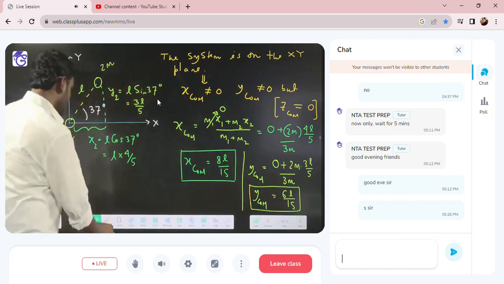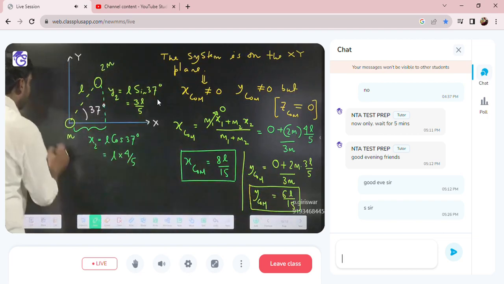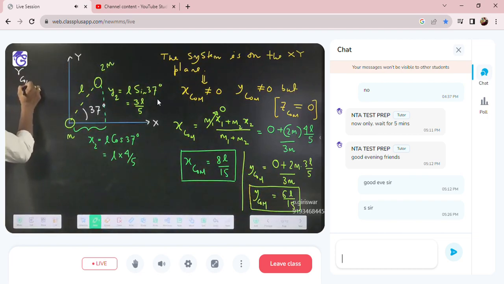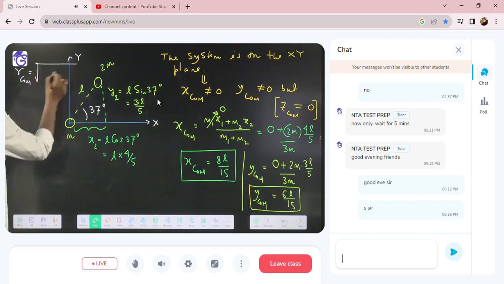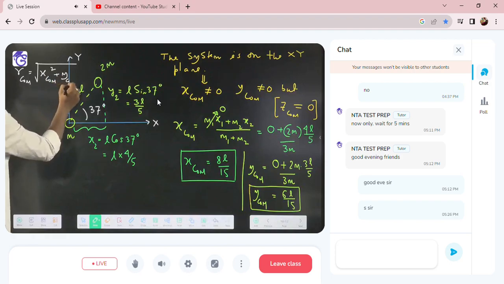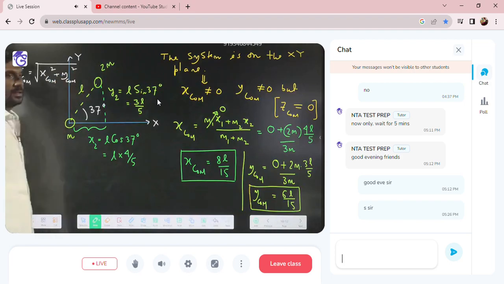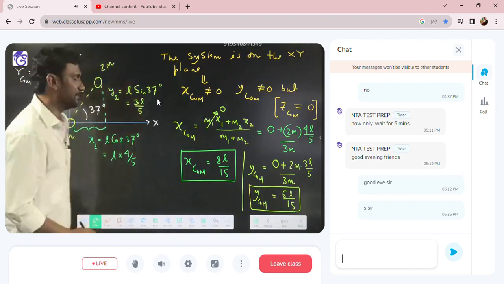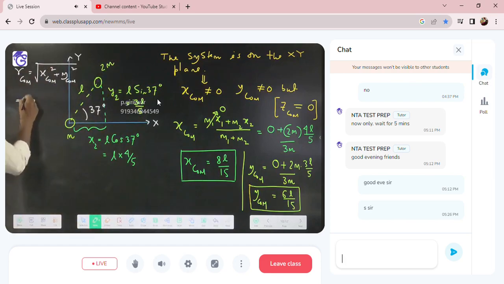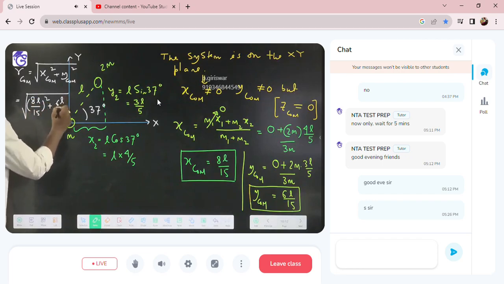Now, if I want to calculate R center of mass, my dear friends, it is root under of X center of mass square plus Y center of mass square. You will see a very interesting thing. Root under of 8L by 15 whole square plus 6L by 15 whole square.